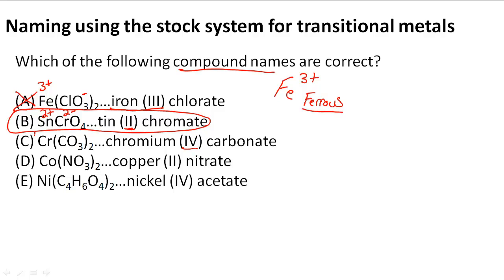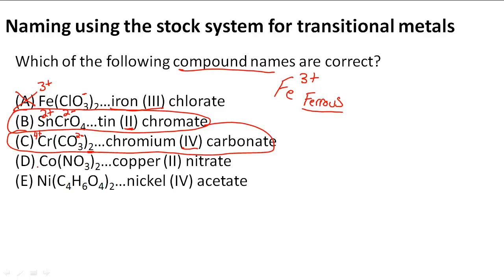So it has a 4 positive charge, and CO3 has a 2 negative charge. So this is actually correct. Why is it correct? Because even though CO3 as a whole has a 2 negative charge, remember that this subscript tells us we have 2 of them. So that means the total charge is 4 negative. So 4 negative and 4 positive would cancel each other out. So C is an answer to this question.